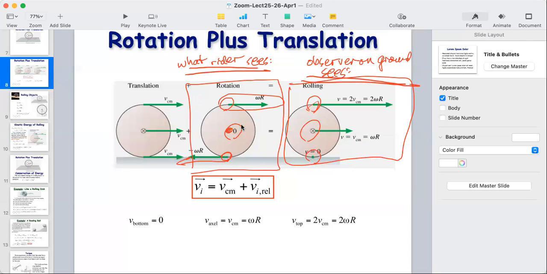But the pin, when it gets here, moves, moves, moves, and the velocity tends to go in this direction, if you think about it. It doesn't go like this. If it went like this, with both of them positive and in the same direction, it would be a translation. It wouldn't be a rotation.